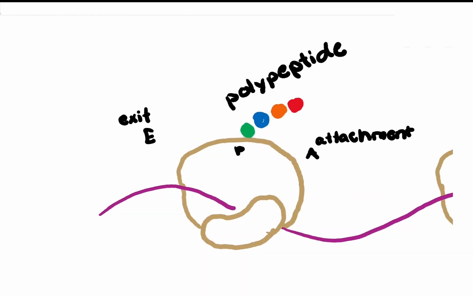Now let's look closely at what happens in this. Your ribosome has three different stages: the E stage, the P stage, and the A stage. These correspond to exit, polypeptide, and attachment. Your mRNA is attached here, and it exits through this side of your ribosome.